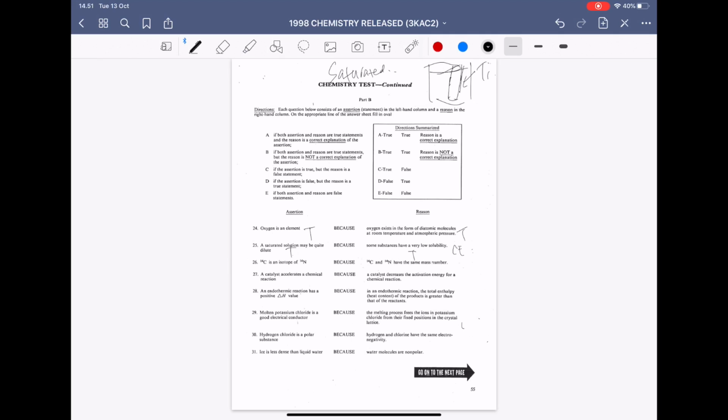Because you can't dissolve more titanium in this water, and the titanium you already have in the solution is the maximum amount. So we can say it's saturated. However, it's not concentrated, it's still dilute, because the solution does not have a lot of titanium atoms.